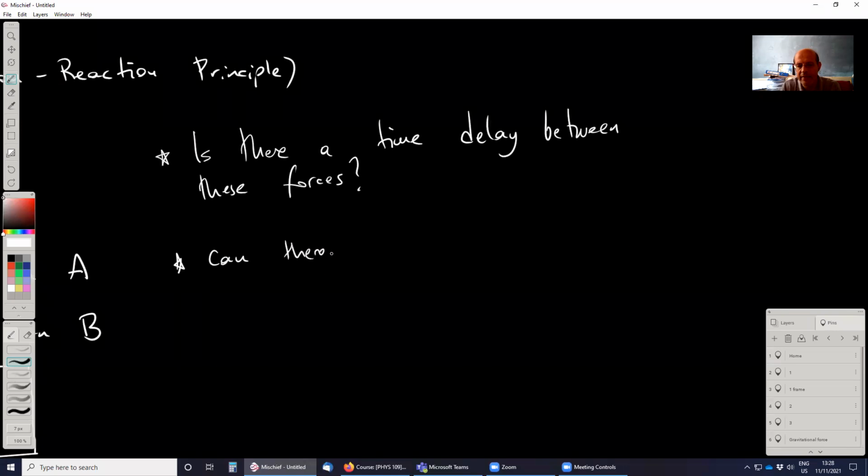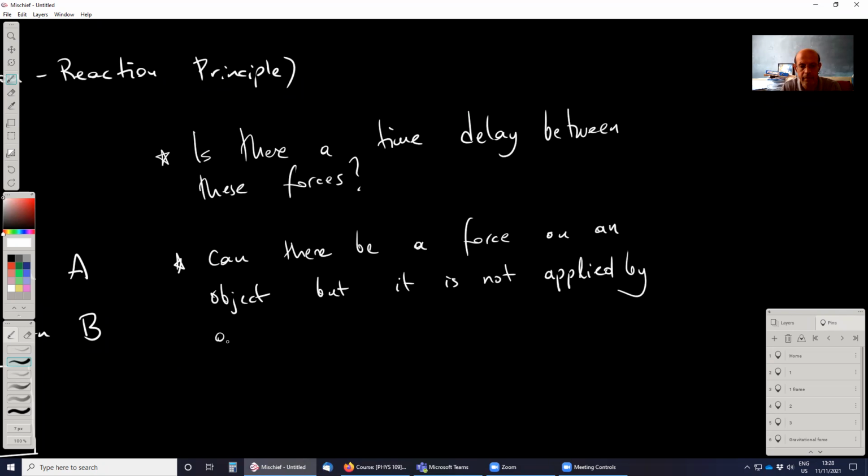Can there be a force on an object, but it is not applied by anything? Is it possible that there can be a force on an object, but it's not applied by anything? I could have actually asked these in some kind of quiz question. There are some misconceptions, so that kind of clarifies these.